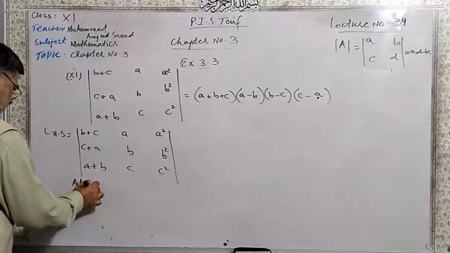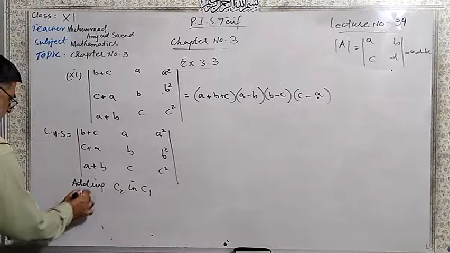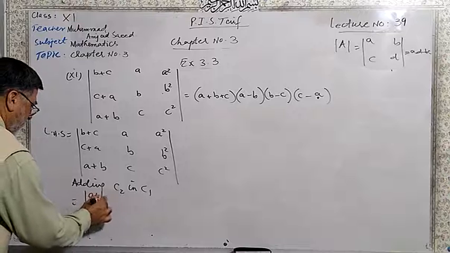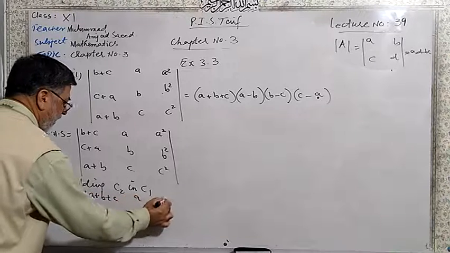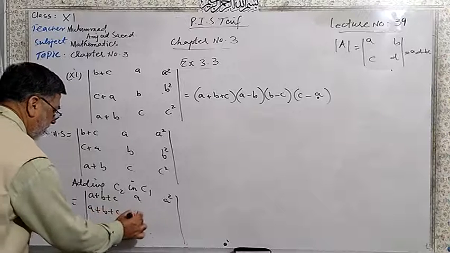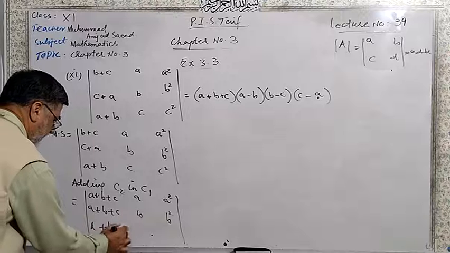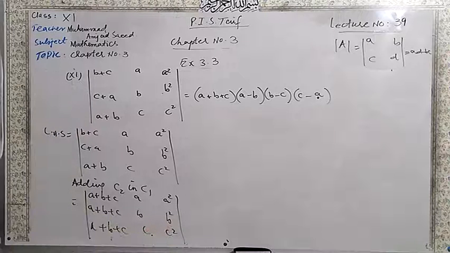Adding C2 and C1, we have A plus B plus C, A square, A plus B plus C, B square, A plus B plus C, C square.